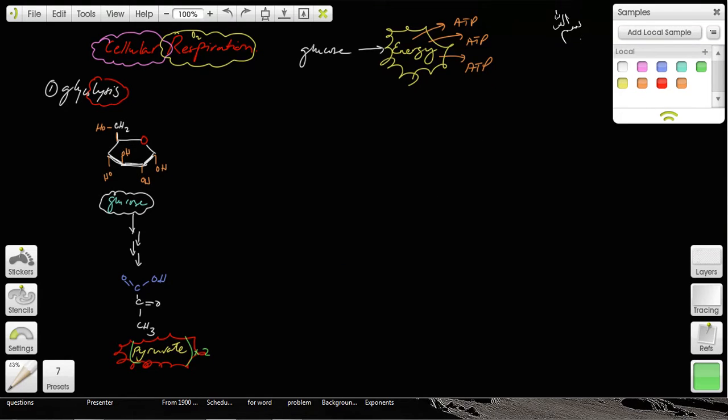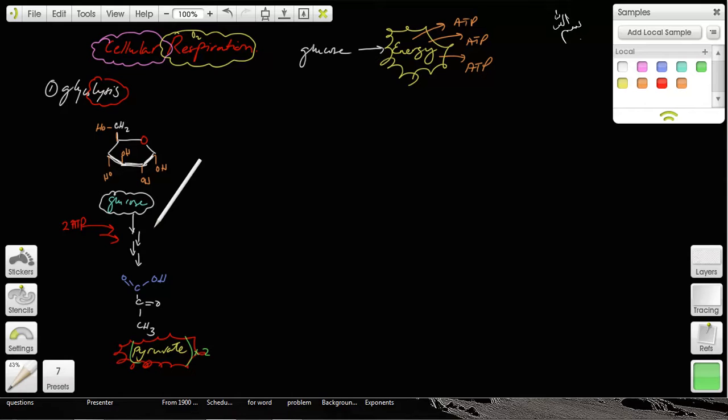Now in this process, it's going to require us to spend some energy. There are 2 ATPs that are required initially, in the initial step, that we need to put into the reactions. So we spend some ATP in the initial phases of reaction. It's an energy-requiring process in the first half.